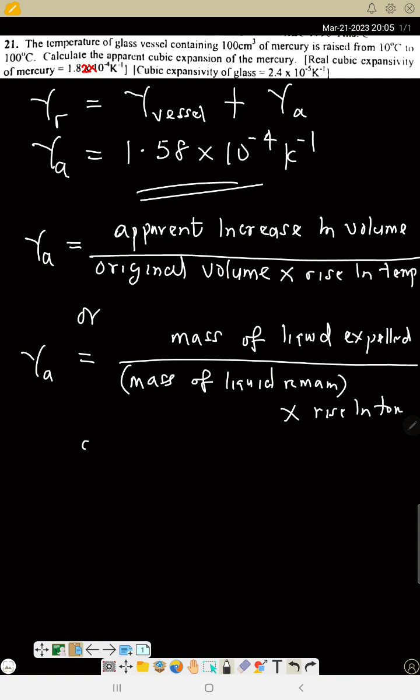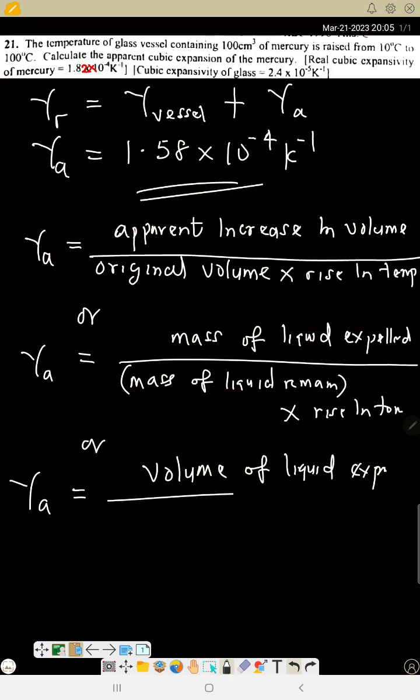Or the apparent expansivity can also be volume of liquid expelled divided by volume of liquid remaining times rise in temperature.